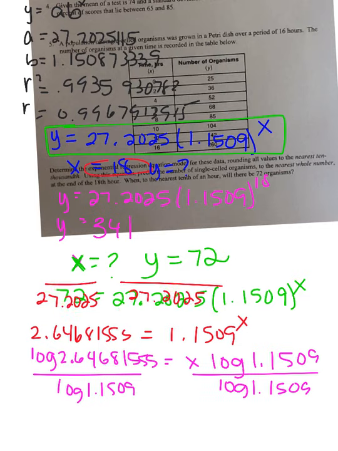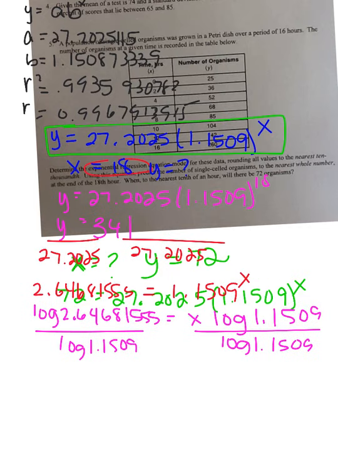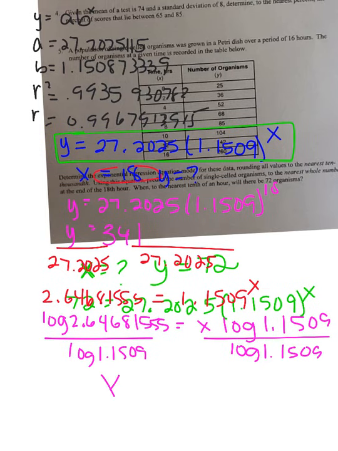Let's plug it into the calculator: log 2.64681555 divided by log 1.1509. We are going to round to the nearest tenth of an hour because that's what it says to do. So x is equal to 6.9 hours. Okay, so let's take a look at number 6. Let me just clear up this page here.